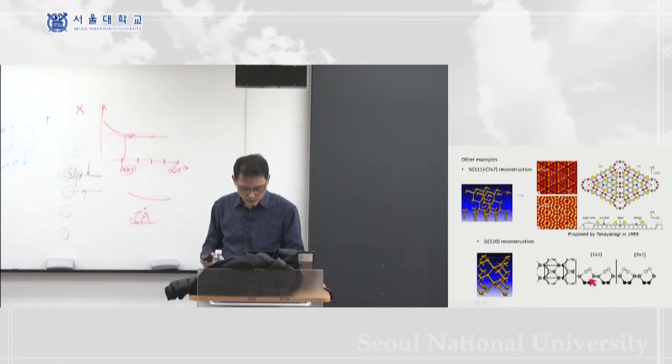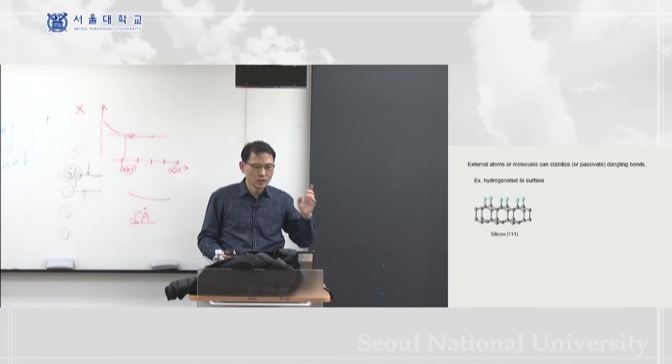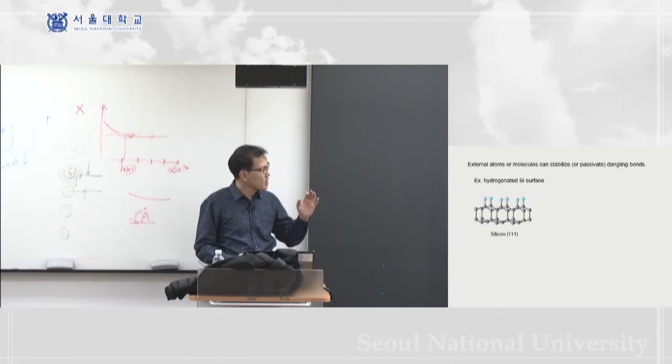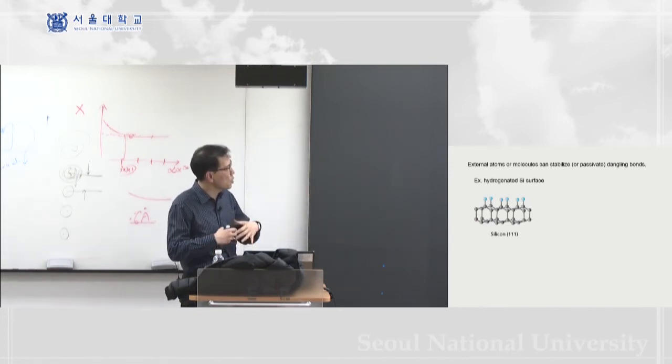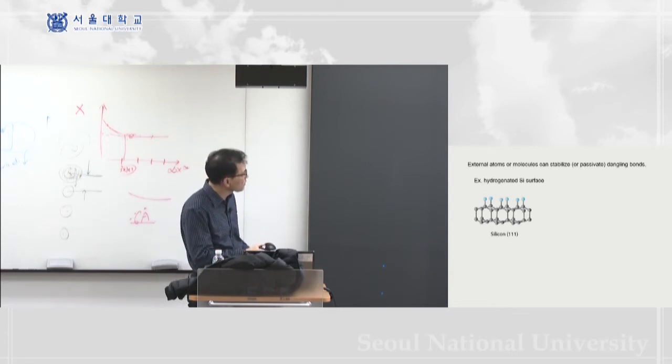So you can study various kinds of reconstruction. What I want to comment on is that this reconstruction actually depends on the environment. For instance, if your silicon surface is exposed to enough hydrogen gas, then rather than forming the reconstructed surface, it is more favorable to simply attach atomic hydrogen to the dangling bond.